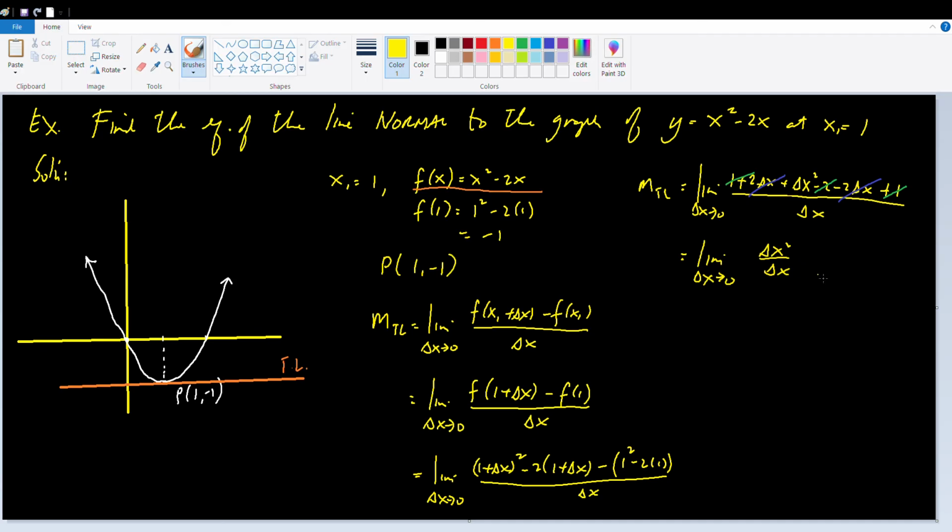But delta x squared over delta x is just delta x as delta x approaches 0. And if we take the limit of delta x as delta x approaches 0, that is 0. So it's obvious that the slope of the tangent line is 0 because the tangent line is horizontal. Whenever a line is horizontal, the slope is 0.